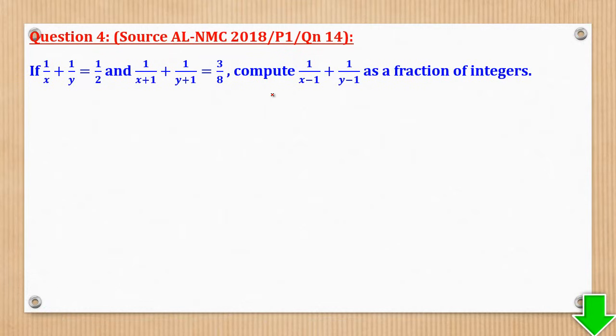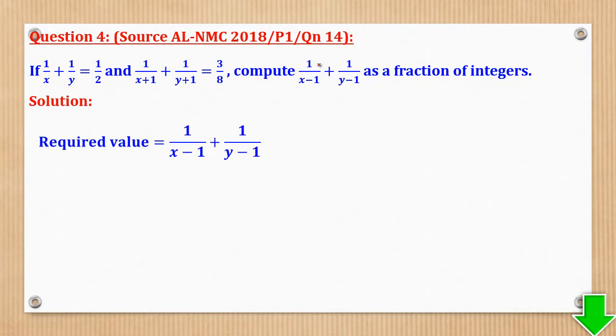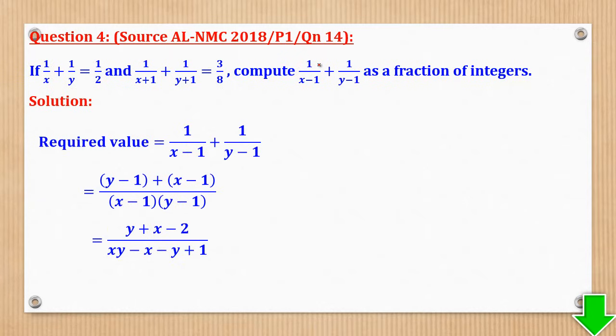Then question 4 says, if this is equal to that and this is equal to this, compute this as a fraction of integers. So they want a fraction. So required value is that, combine into one LCM. Always we need to combine into one LCM. Then collect like terms, this and this gives you -2.